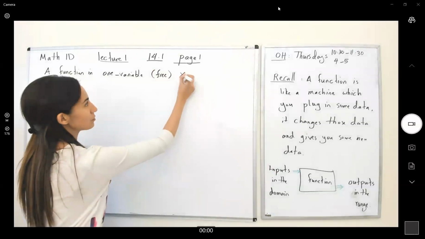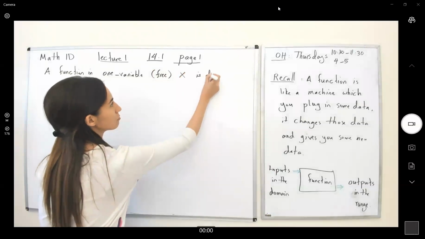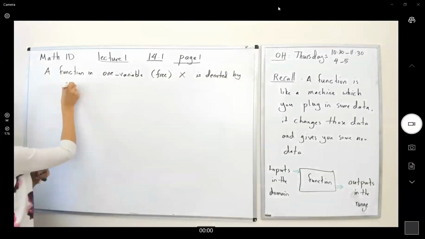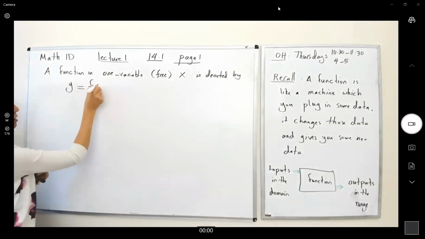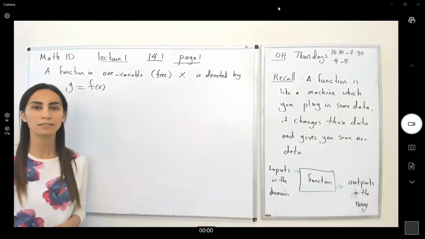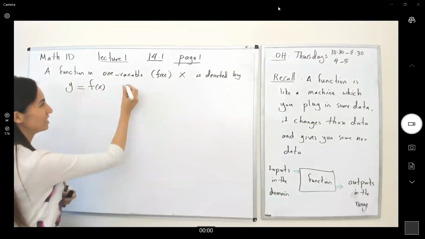Like x is denoted by y equals f of x. X is independent from y.